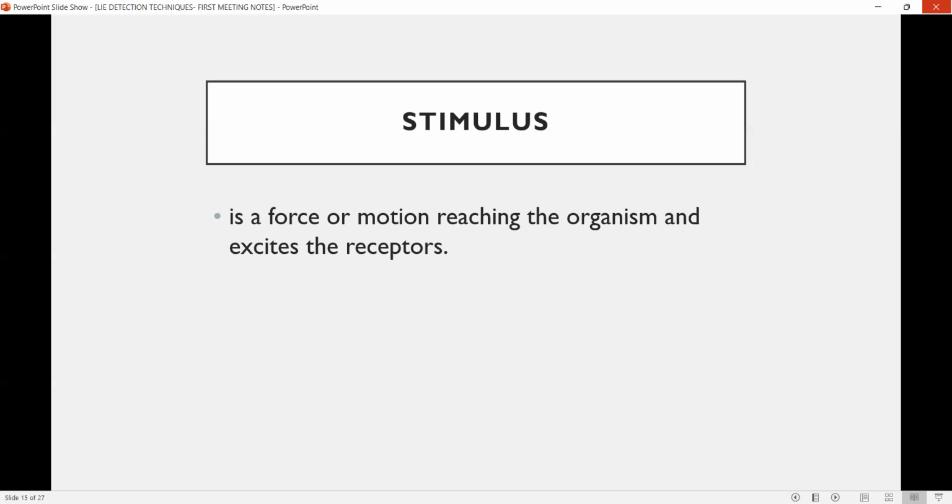It's an outside force coming from the environment or coming from the polygraph examiner or polygraphist, which could excite a receptor. So if makadungog na gani ka, if a question na gani ka relevant question, of course it will excite your receptor. That's why ang relevant question is considered as a stimulus or stimuli.